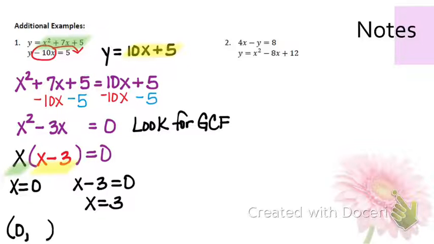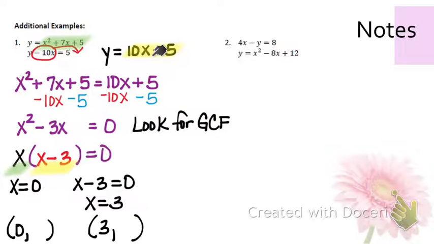So let me go ahead and set up my ordered pairs. But we need to find the y value. So for my first solution, x is 0. You can substitute 0 in the top equation, or you can substitute the 0 in the yellow equation. I think I'm going to use the yellow equation.